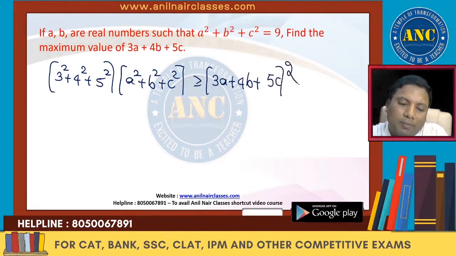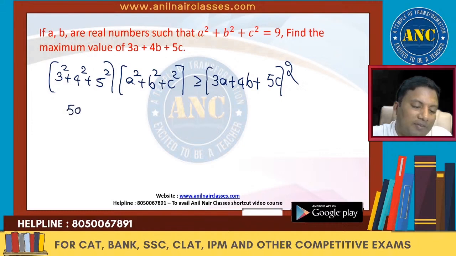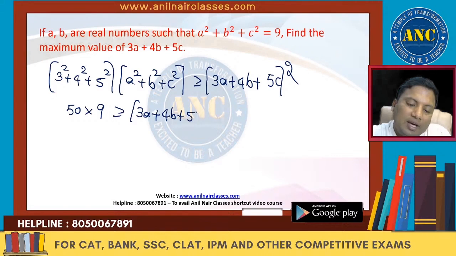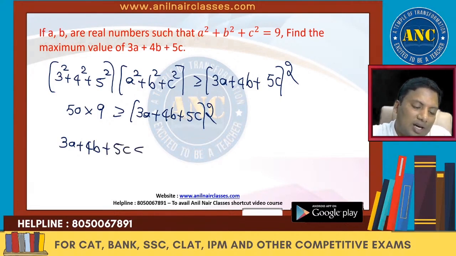This is nothing but 25 plus 25, 50, into 9, greater than or equal to 3A plus 4B plus 5C whole square. So 3A plus 4B plus 5C is less than or equal to square root of 50 into 9.